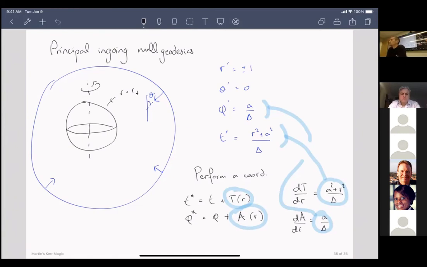This is the principal null frame, and so on, where things take a particularly simple form. But mathematically, I could have come up with a different choice and tried to perform the same game. Okay, so there's no a priori reason why this is the right coordinate change to do, but there is a sense in which these coordinates and these geodesics lead to a particular form when you express things in a particular way, where things take a particularly simple form.